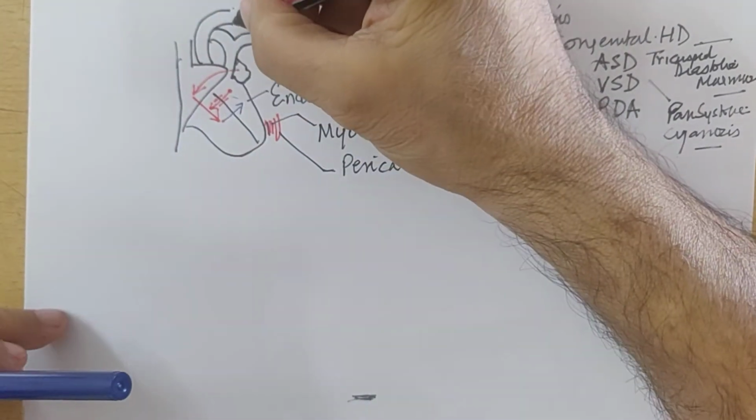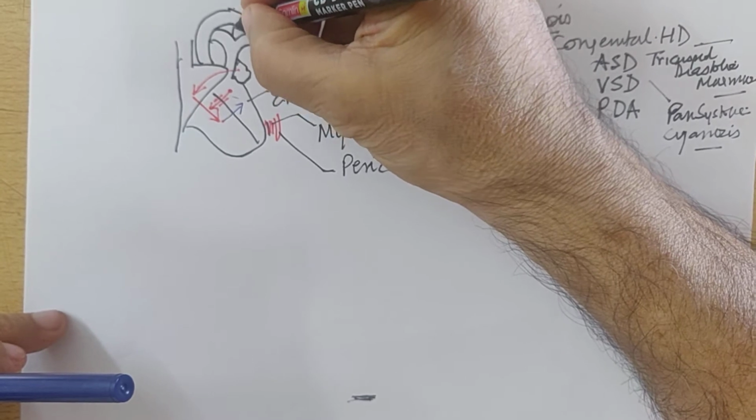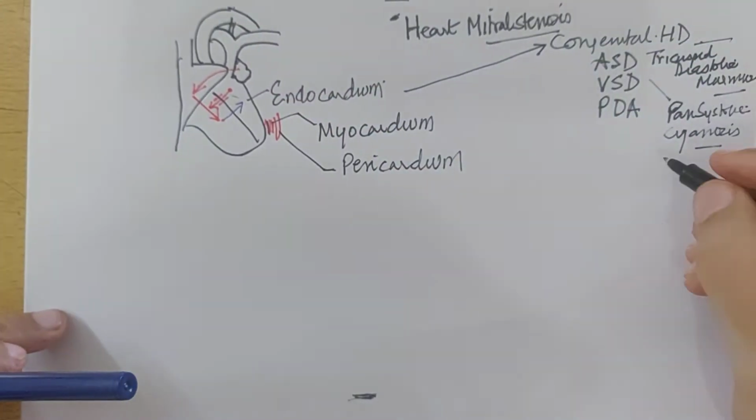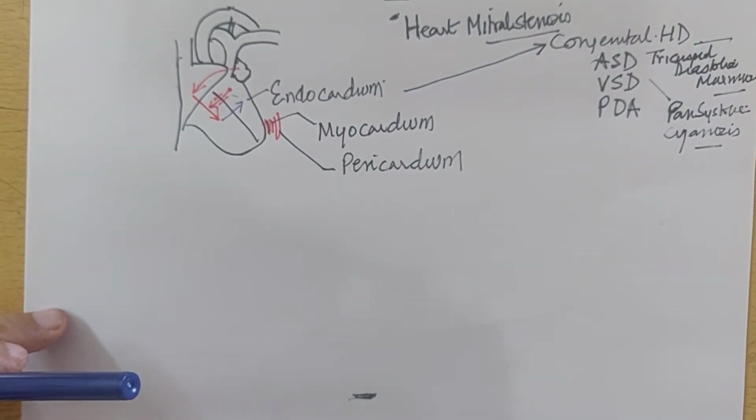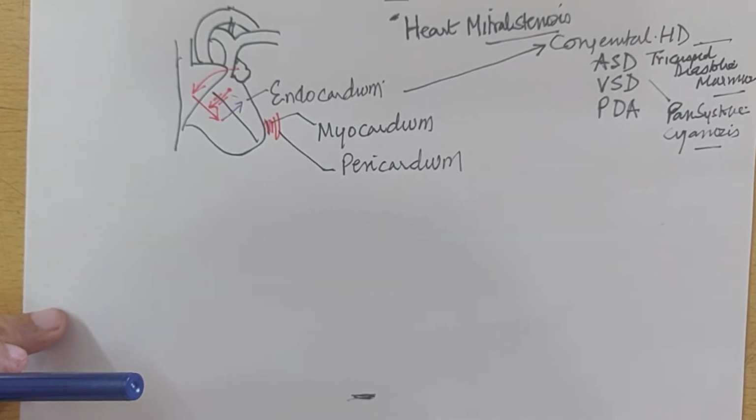Same is true with the patent ductus arteriosus, a pansystolic murmur at a different place, in which initially the shunt is from the aorta to the pulmonary, causing pulmonary hypertension.